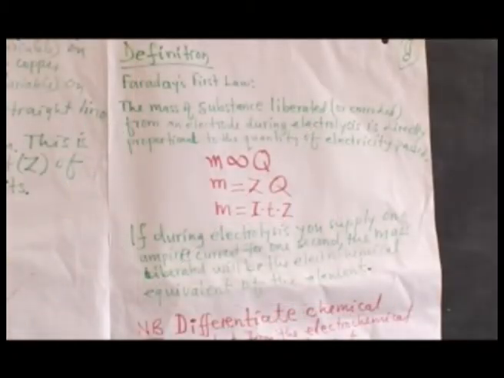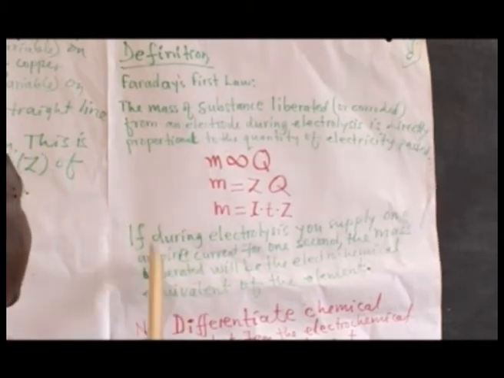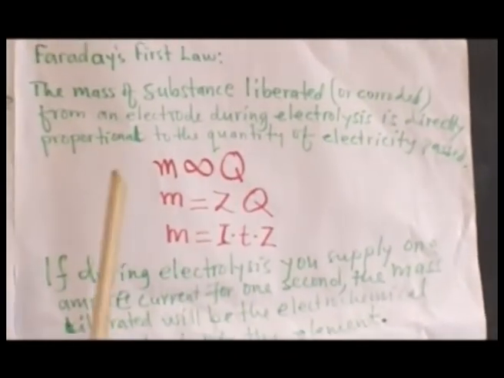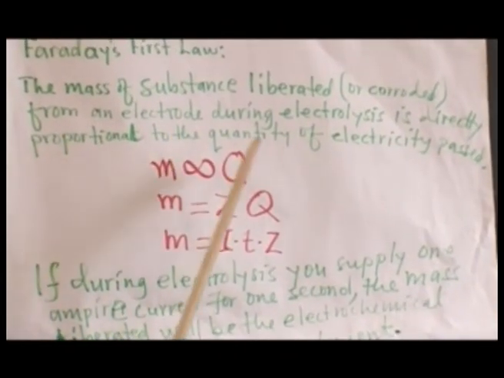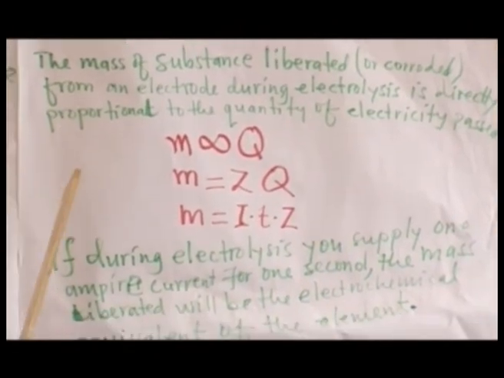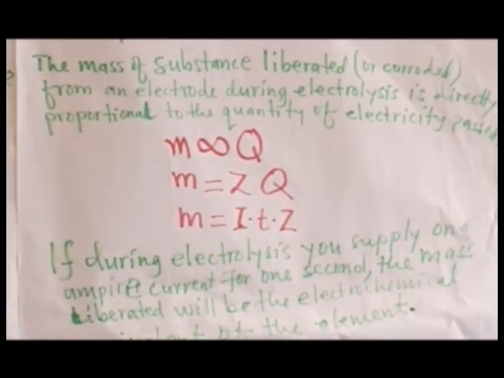Looking at the data we have analyzed and the graph you have obtained, you find that you are very close to Faraday's first law, which states that the mass of substance liberated or corroded from an electrode during electrolysis is directly proportional to the quantity of electricity passed.